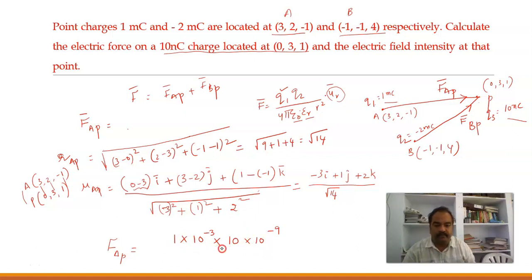See the value here now is Q1, this is Q2, and here what do we have? 4 pi epsilon naught.